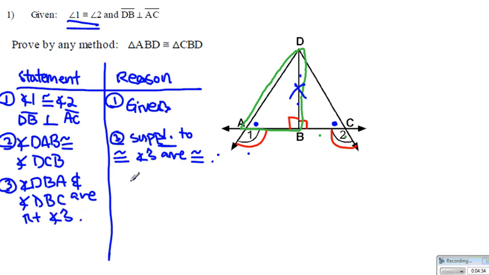Why are they right angles? Because the reasoning would be perpendicular lines form right angles.